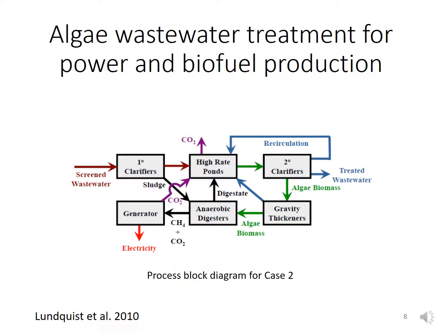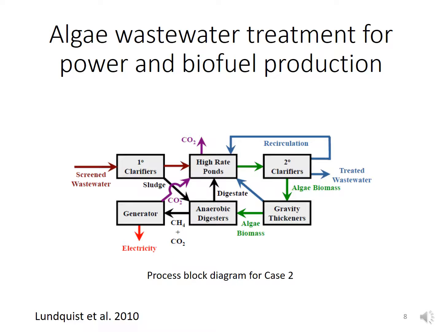Let's look at what the process diagram or the block diagram looks like for one of the cases. The idea here is that we're taking wastewater from a nearby city or wastewater facility, and we're running it through some clarifiers and sending it through to our high rate ponds where we're growing the algae. The algae are going to eat up many of the nutrients which we don't want to have mixed into the water for human consumption. And so the treated wastewater can then be sent out to commercial uses.